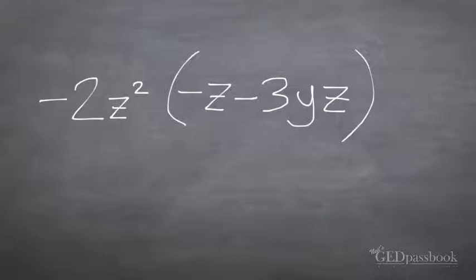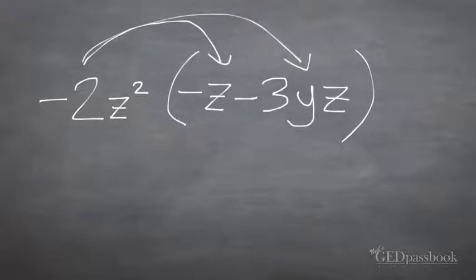We couldn't do any exponents. Is there any multiplication? Well, technically, yes. There is a little multiplication sign there, and you want to multiply all of this with all of that. But why is it called distributing? Because you distribute it outwards. You multiply it.